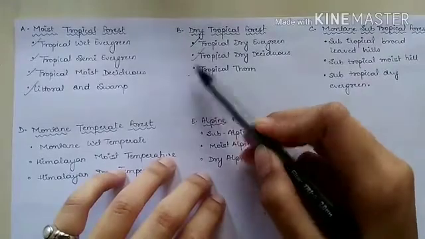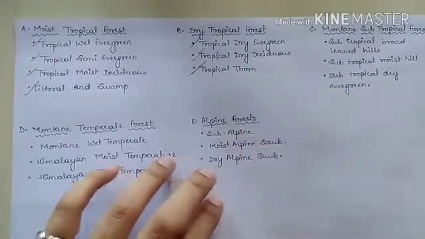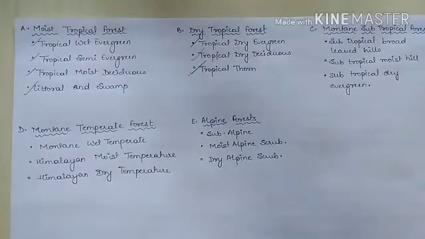Lastly, in the dry tropical forest, we have tropical thorn forest. These occur in areas of low rainfall, low humidity, and high temperature. Rainfall is less than 75 centimeters, humidity is less than 50%, and the temperature is 25 to 30 degrees Celsius.